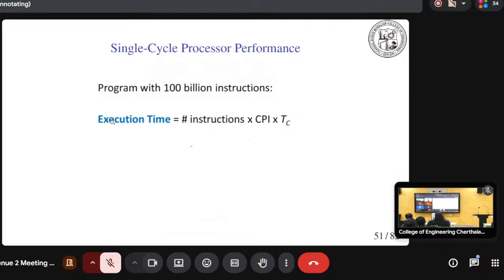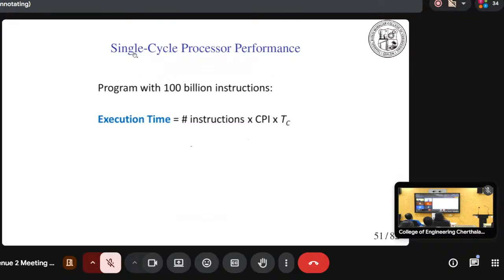And if we apply it to this particular instruction, say the program we are going to implement has 100 billion instructions. So the total number of instructions will be 10 raised to 11. CPI is cycles per instruction.